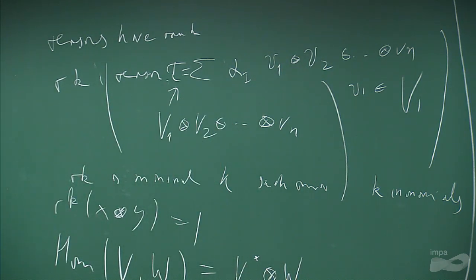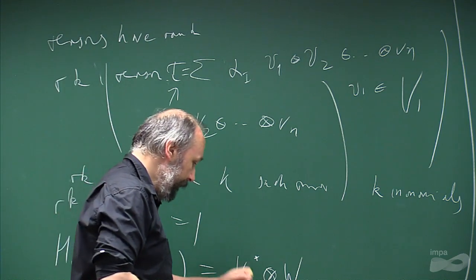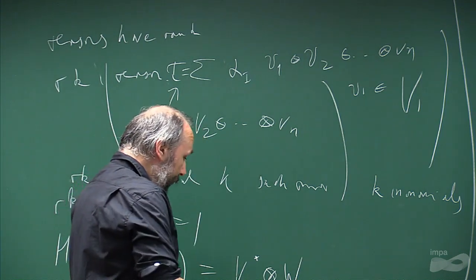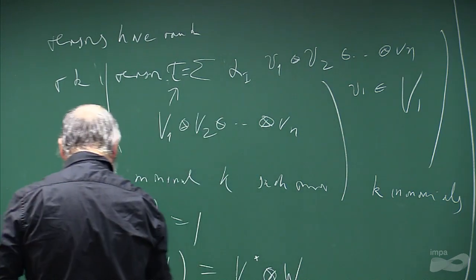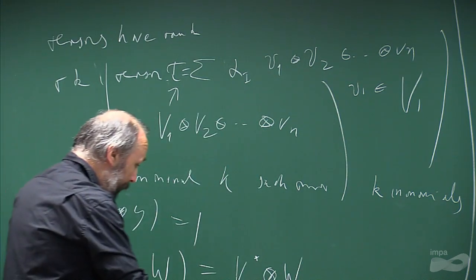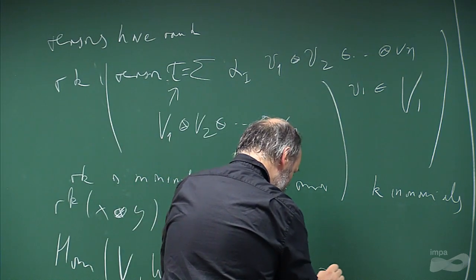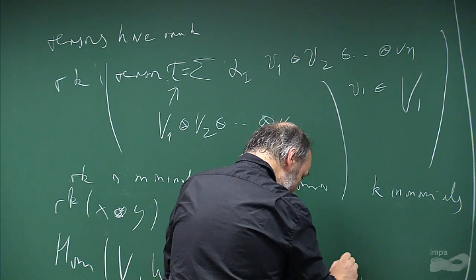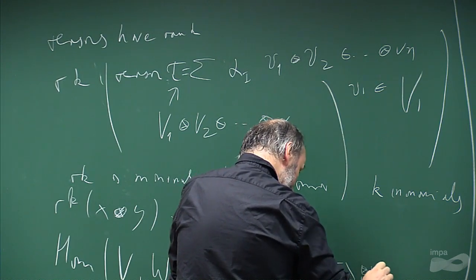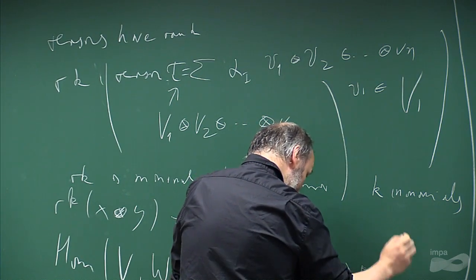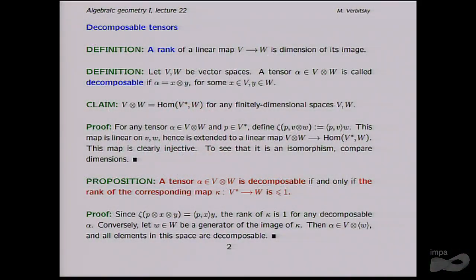The elements here are sums of products, the sum of lambda i times wj, where lambda i belongs to V star.